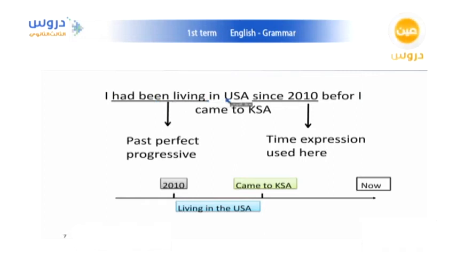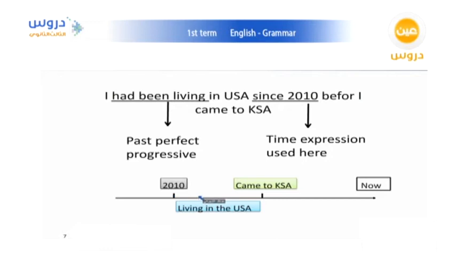So I had been living in the United States since 2010 before I came to Kingdom of Saudi Arabia. So this is the past perfect progressive, and since 2010 is a time expression used here to indicate that we use the past perfect progressive.